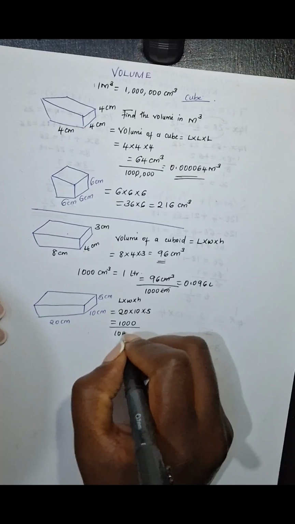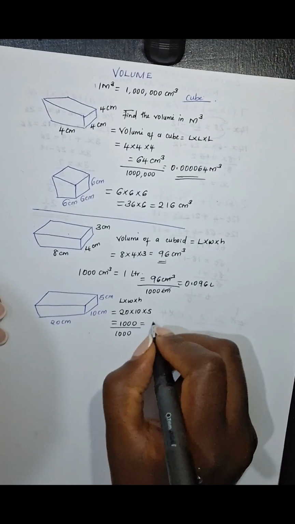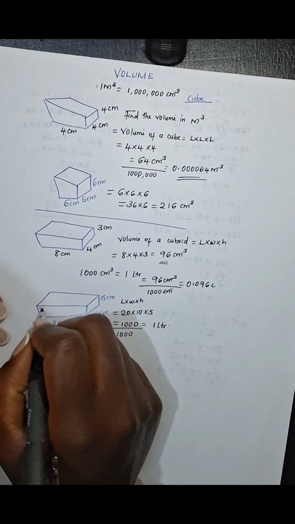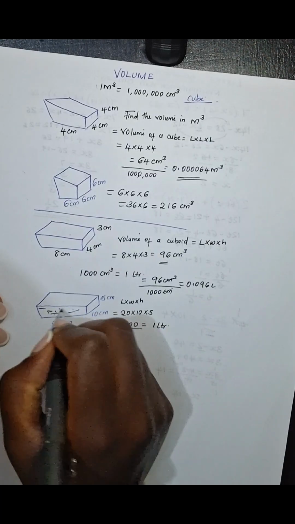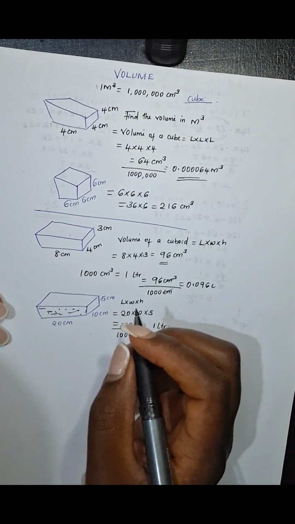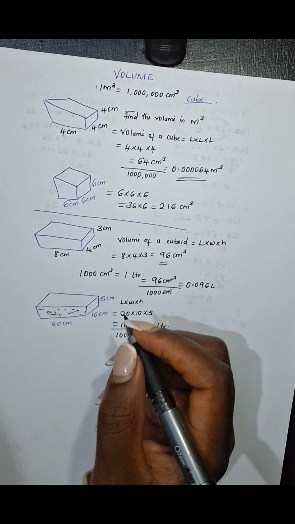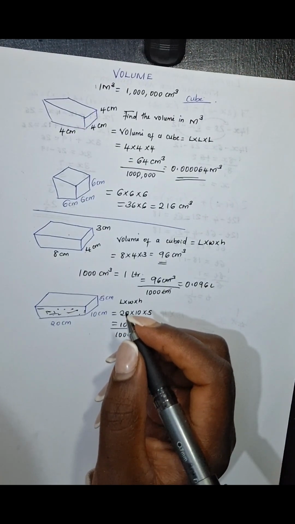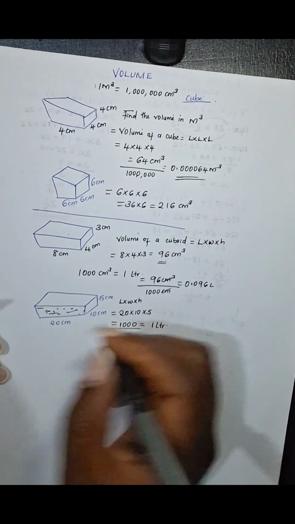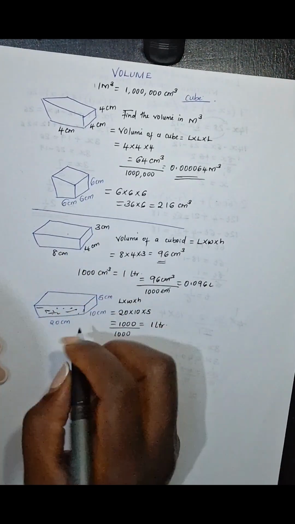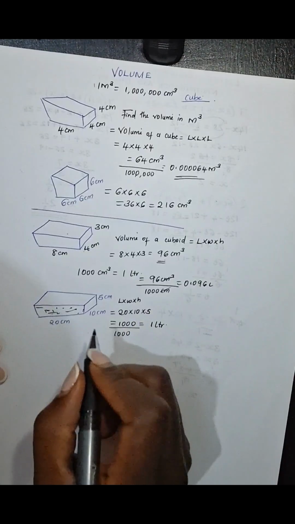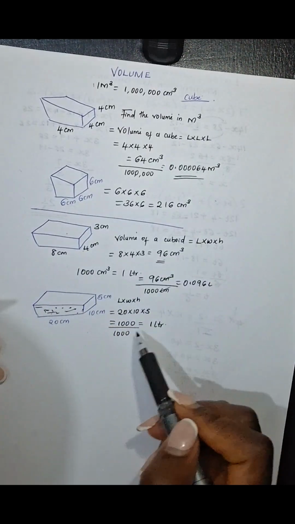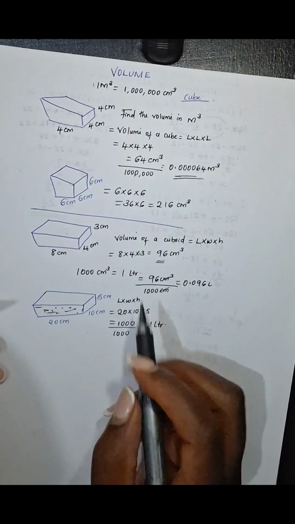Then you divide by 1000 to get 1 liter. This cuboid over here can only hold any liquid to a capacity of 1 liter. I don't know whether you understand. So the concept is that you just convert centimeters cubic to liters by dividing by 1000.